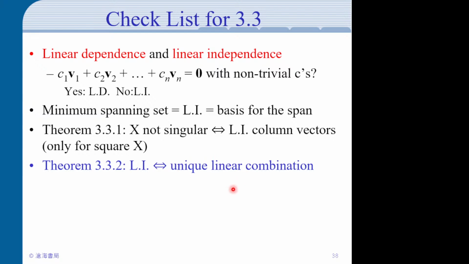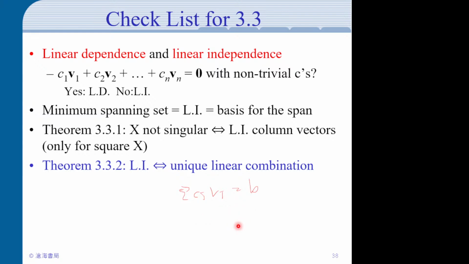So the linear combination is always unique. Basically, sum of ci vi equal to some b also always has a unique solution. Where b equals 0, we have a unique solution. B equal to another thing, you also have a unique solution. That's linear independence.